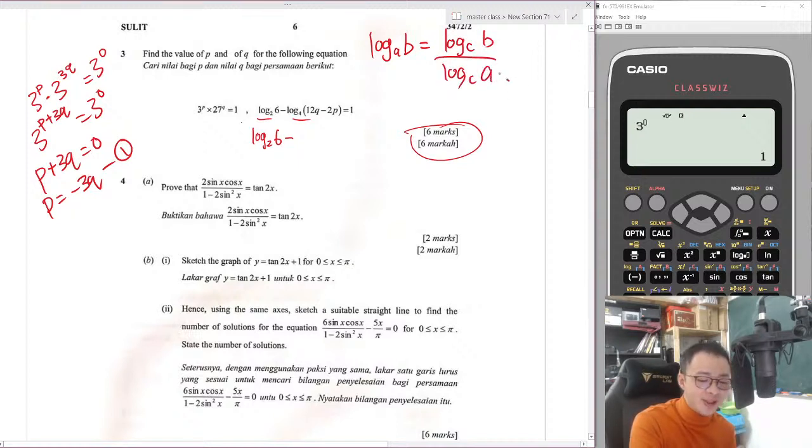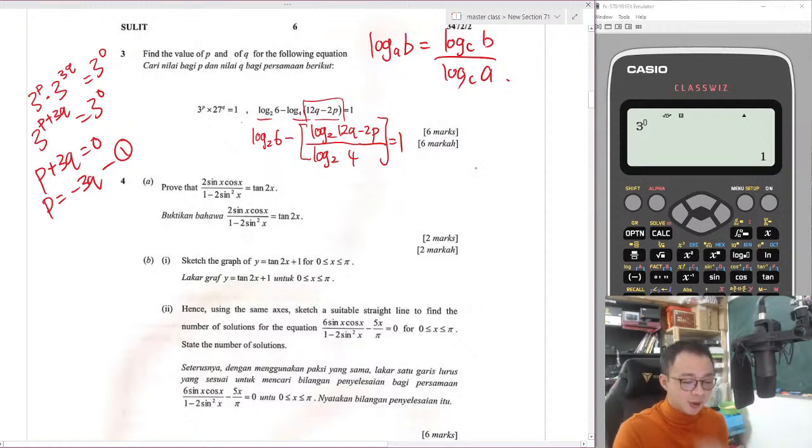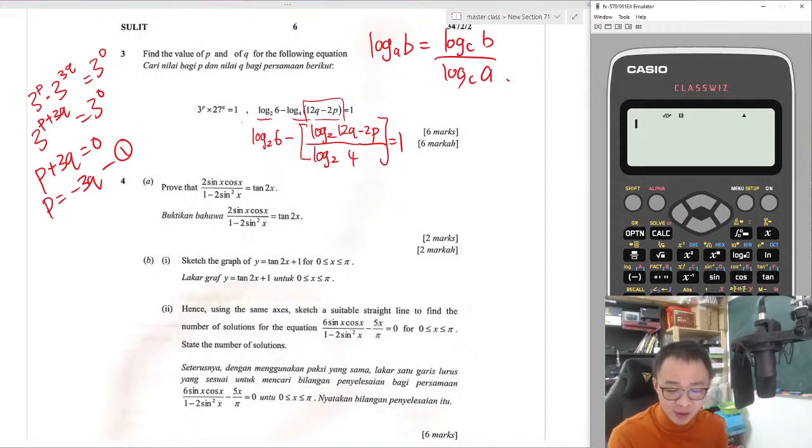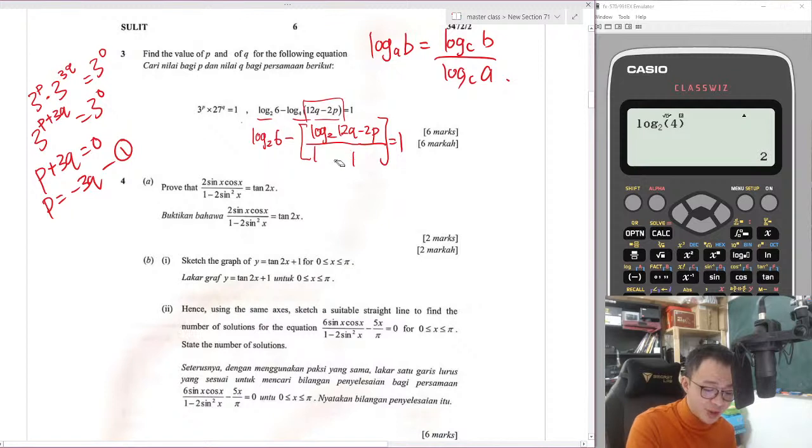I'm using this formula to change my base here. So I will write log 2 and log 2. The bigger number I will write on the top, which is 12q minus 2p, and then 4 I write at the bottom, equals 1. By doing this, log base 2 of 4 equals 2. You just use the calculator, log base 2 of 4, you should get 2 easily. So the bottom, I will change it into the 2 here.